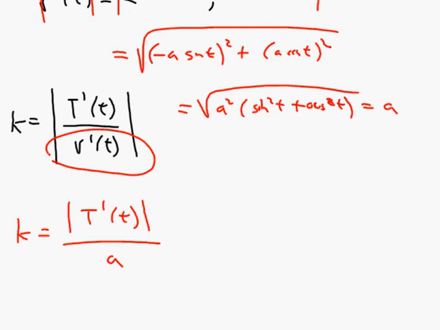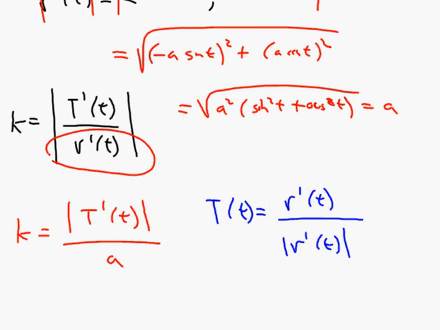Next, we need to get T prime of t. So before we can do that, we got to get T of t. Well, a unit tangent vector is the tangent vector to the function over the norm of that tangent vector. That's what we would have. Okay? We actually have both of those things, don't we? Right?